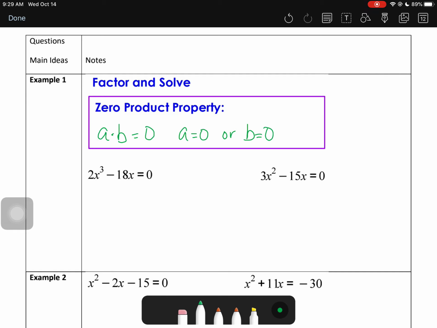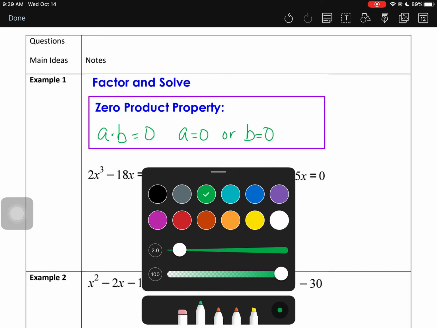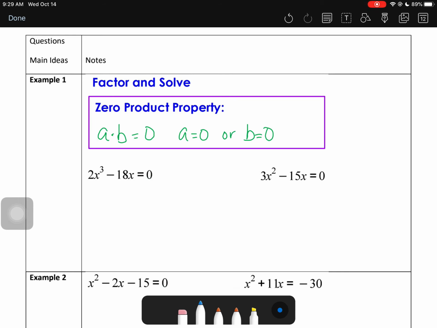We're going to first factor and then set each of the factors equal to 0 and solve. So in this first example, we have to remember that we have to look for the greatest common factor to begin with. So we're going to divide everything by 2x. And so when we divide by 2x, we want to keep the factor.